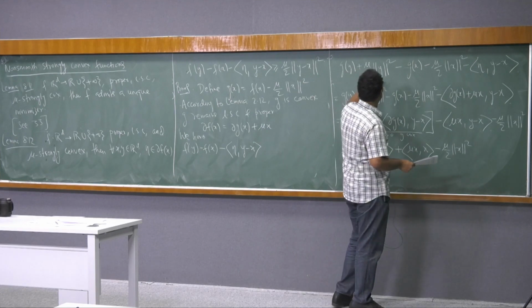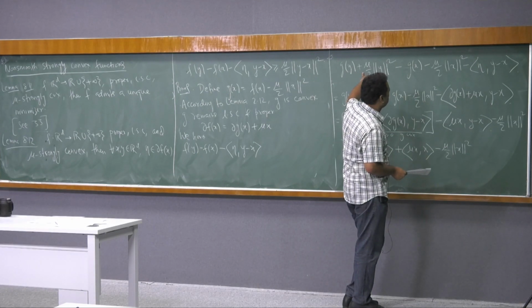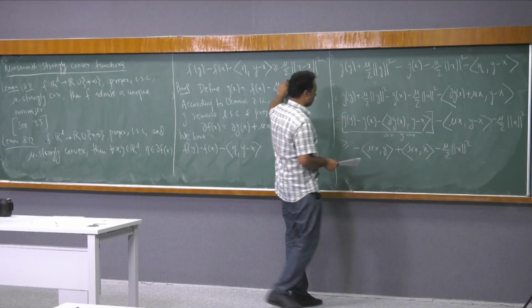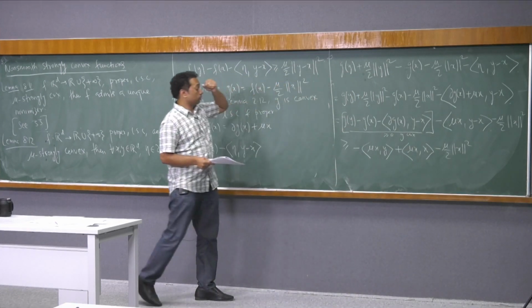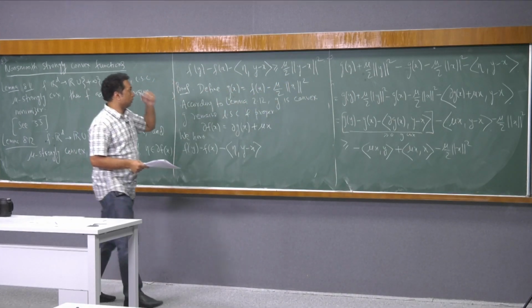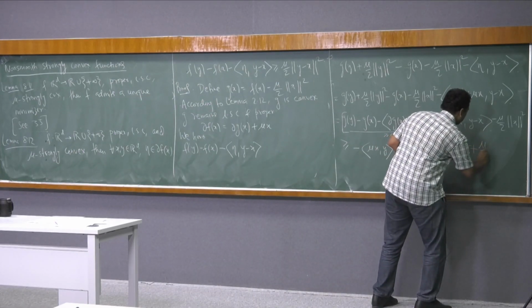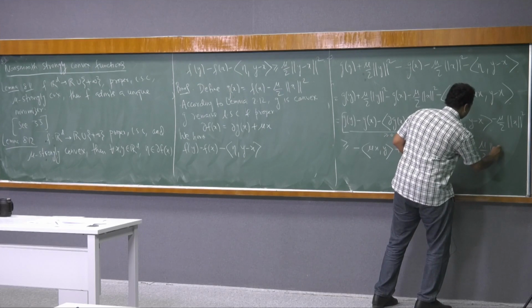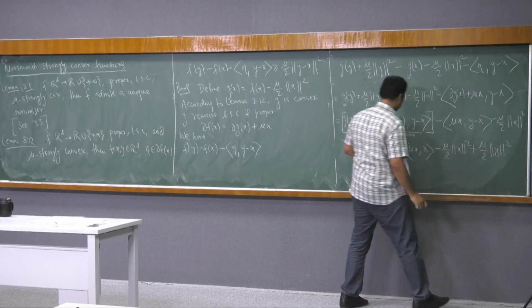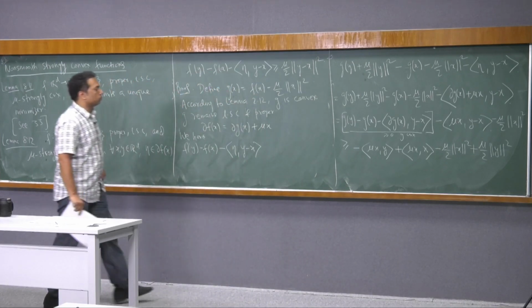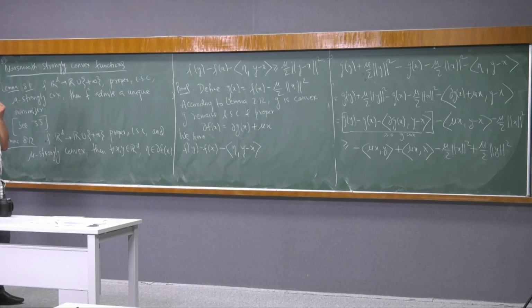There is one plus, and then there is one minus here, but then I think the minus one gets cancelled because of the second term there. So let us work out this. Plus mu by 2 norm of y squared. So this becomes mu by 2 plus mu by 2 norm x squared.